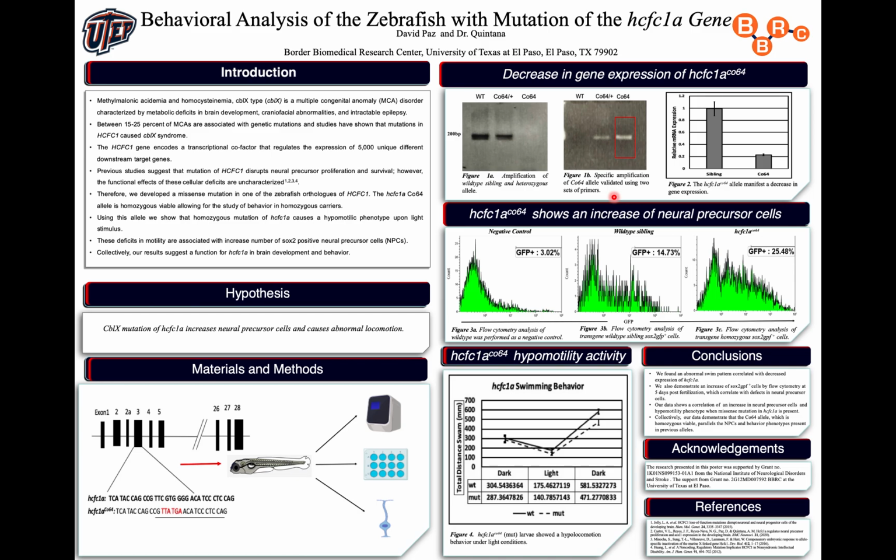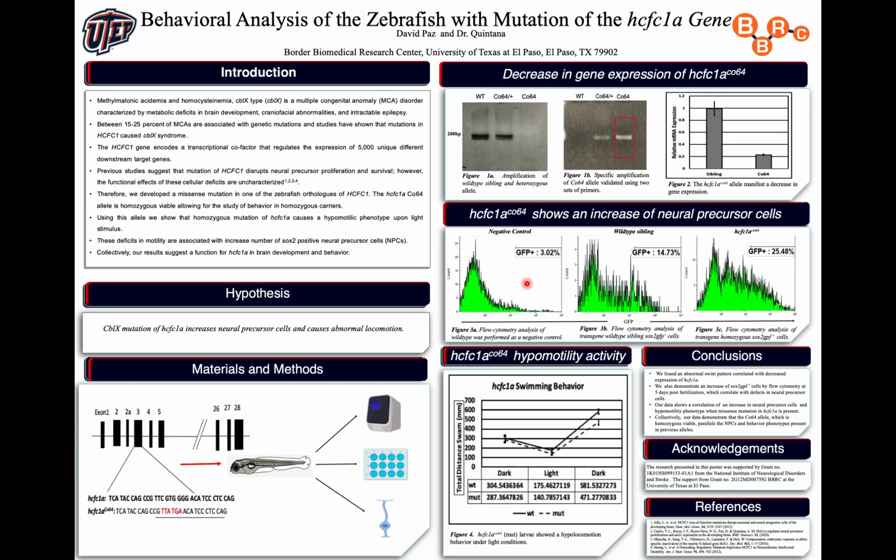Based on a previous study from Castro et al. in our lab, we hypothesized that neural precursor cells would be abnormal. To answer this question, we analyzed neural precursor cells using a SOX2 transgene line as a marker.